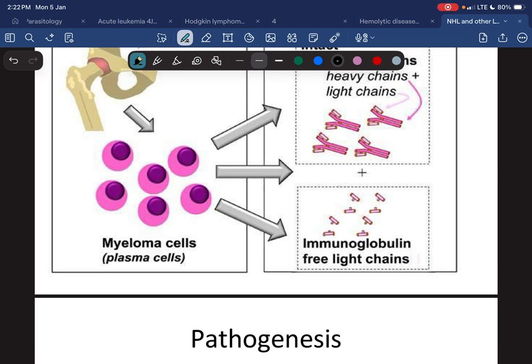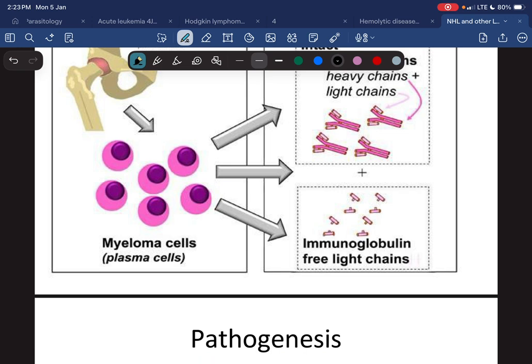Due to factors released by the plasma cells like interleukin 6 and tumor necrosis factor, upregulating or overexpressing RANKL mediators in the stroma of the bone. What does RANKL do? It stimulates osteoclasts. The main function of osteoclasts is lysis of the bone, destruction of the bone. Okay? So we will have lytic bony lesions.